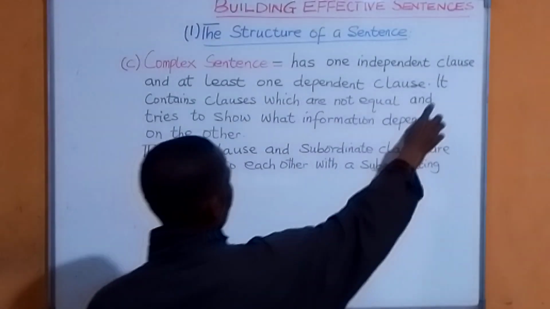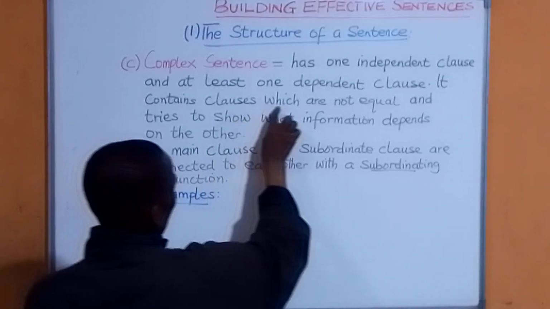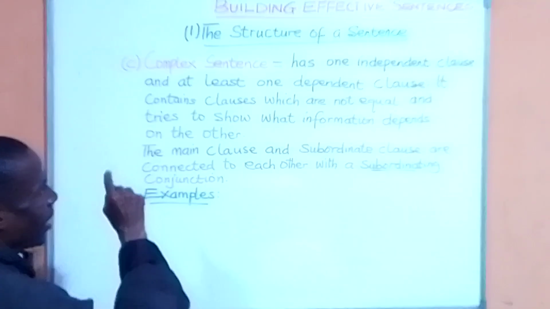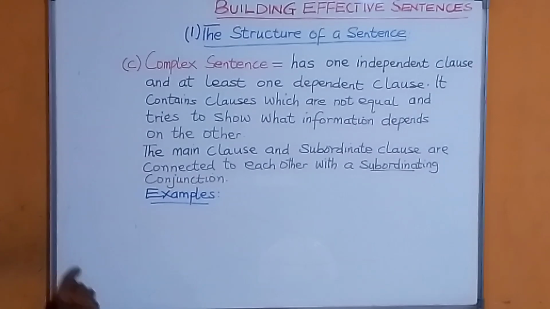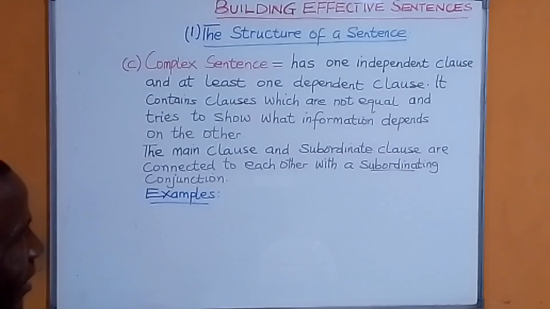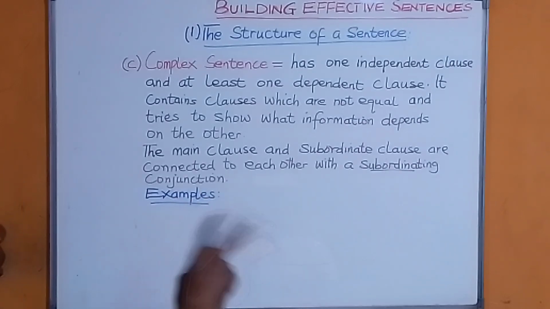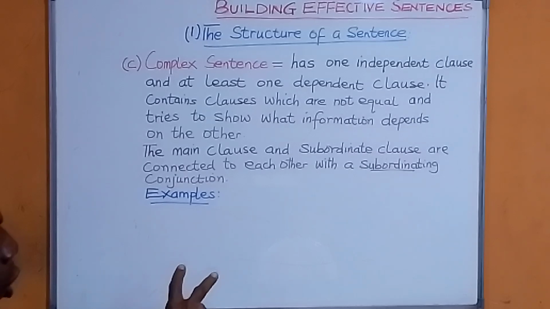We're going to see that. It contains clauses which are not equal, unlike the compound sentence. In a compound sentence, the clauses are equal. They maintain balance. There is parallelism. You see two clauses or two sentences that are equal, but they are joined together.